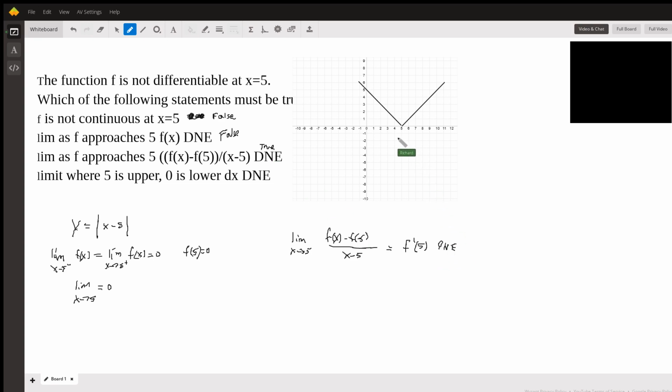Why is that? Well, if you just look at it visually, the first derivative is the slope of the tangent line. Let me change color here. You can see that the slope here is 1, and the slope here is -1.